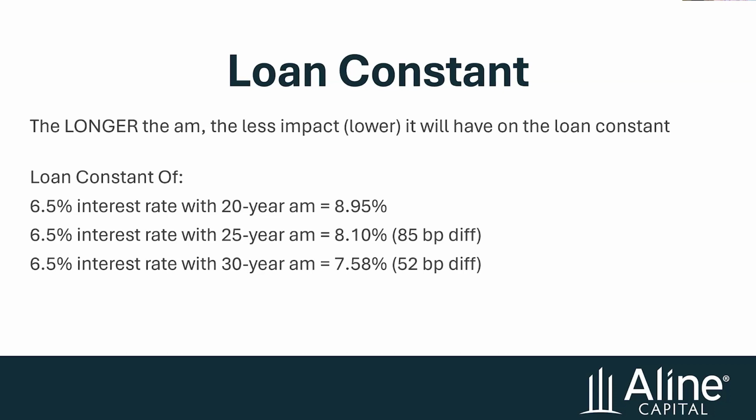And then a 6.5% interest rate loan with a 30-year amortization has a loan constant of 7.58%. And that's only a 52 basis point difference between 30 and 25, whereas that same 5-year difference between 25 and 20 is an 85 basis point difference. And this is why I put in there, the longer the amortization, the less impact it will have on the loan constant.